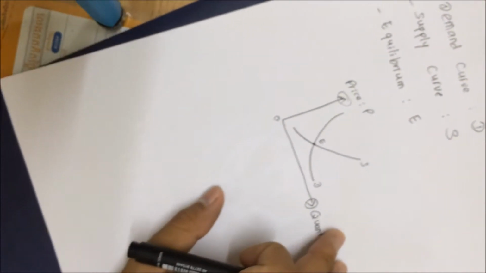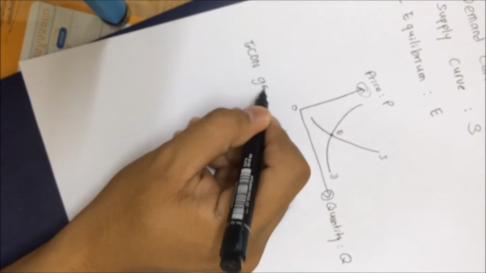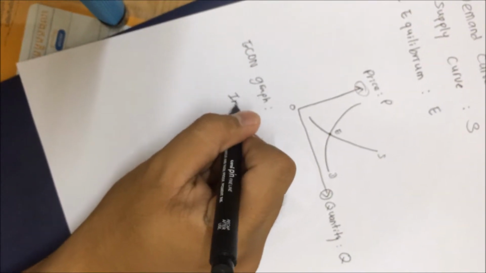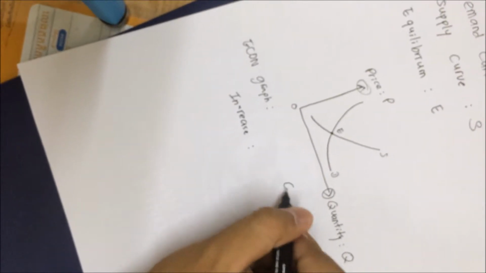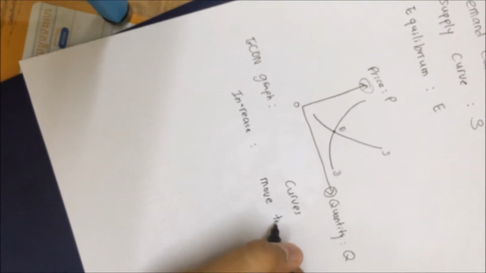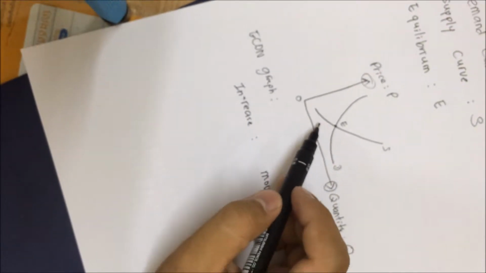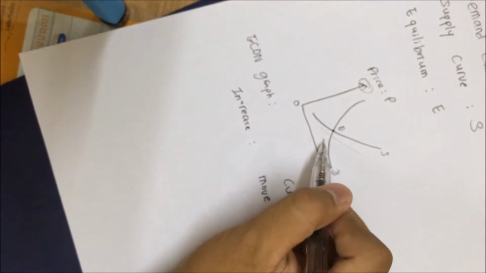Next, I need to tell you something as well. In economic curves and graphs, when something increases, the curve moves to the right. For example, if the supply increases, then it moves here.